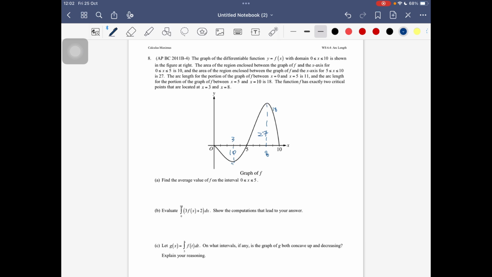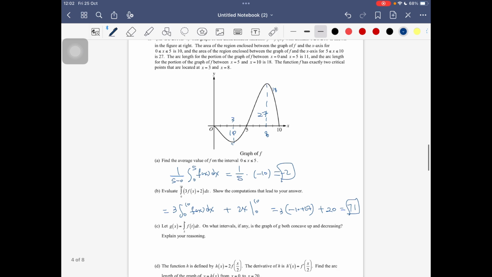Average value of f from 0 to 5 is 1 over 5 minus 0 times the integral from 0 to 5 of f of x dx, 1 over 5 times negative 10, which is negative 2. So 3 times the integral from 0 to 10 of f of x dx plus 2x from 0 to 10. So the integral of f from 0 to 10 is negative 10 plus 27 times 3 plus 20. So 5171.